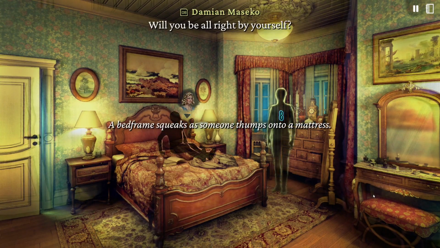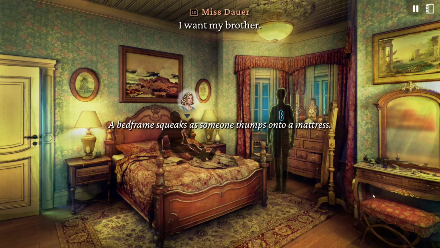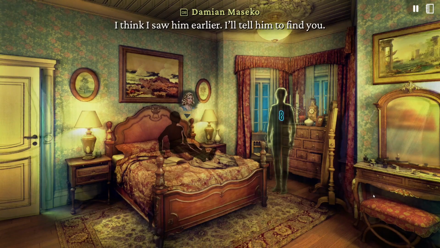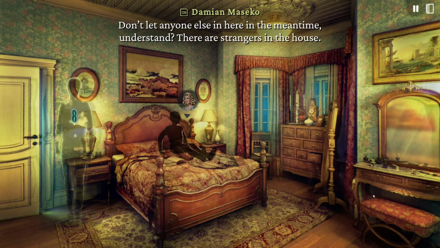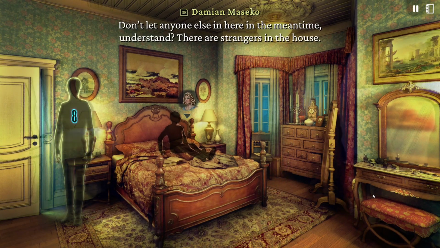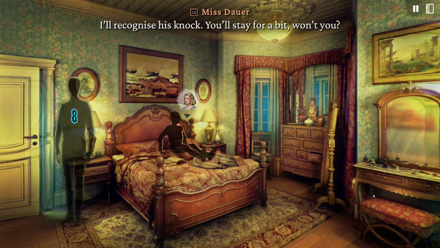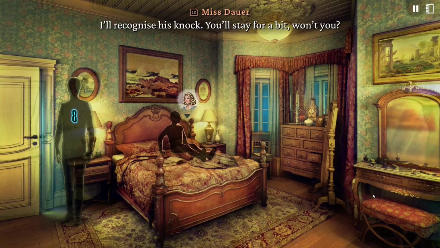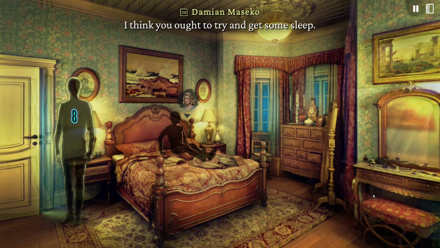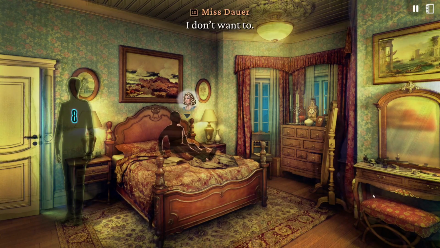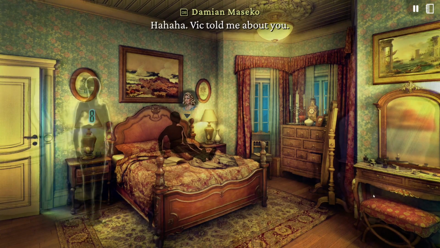Will you be alright by yourself? I want my brother. I think I saw him earlier. I'll tell him to find you. Don't let anyone else in here in the meantime, understand? There are strangers in the house. I'll recognize his knock. You'll stay for a bit, won't you? I think you ought to try and get some sleep. I don't want to.